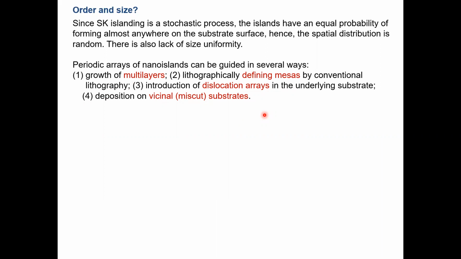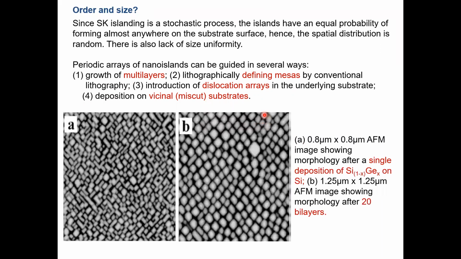Okay, with that, let me show you some examples. So this is the multi-layer example. You can see that this is deposition of single crystal silicon germanium on silicon, and an AFM image of the single layer. You can see that there are features but no particular order or any alignment.